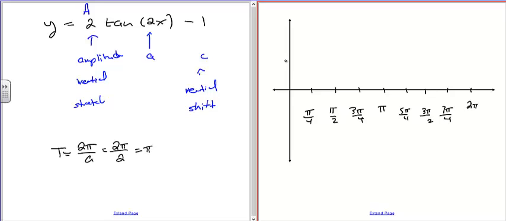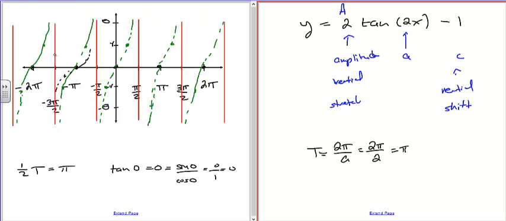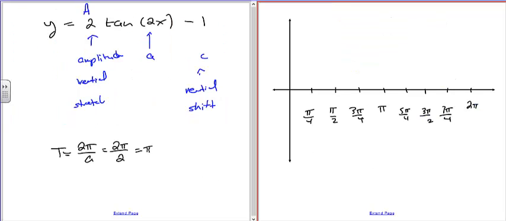Now the vertical asymptotes, to go back to this last problem: notice the half period was pi, and we went a quarter period either side of the x-intercept. So we'll do the same thing here. We'll draw our vertical asymptotes, and the tangent of 0 is 0.